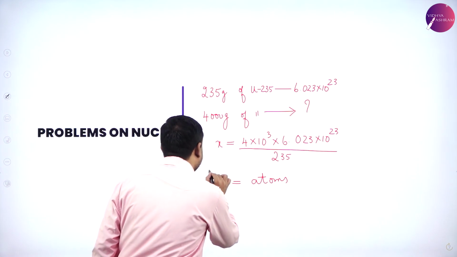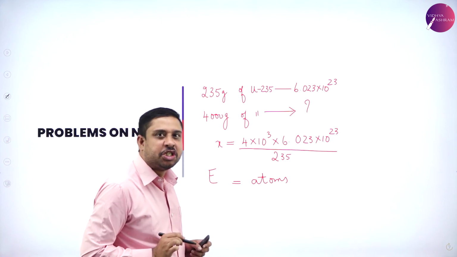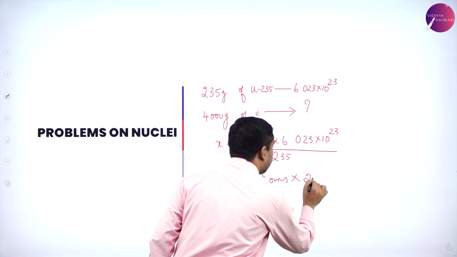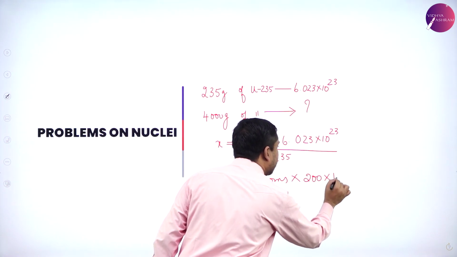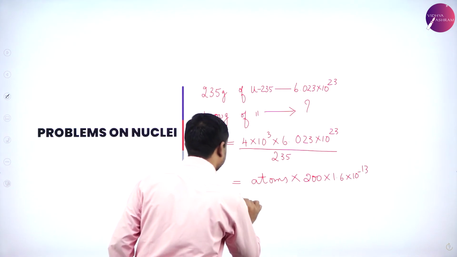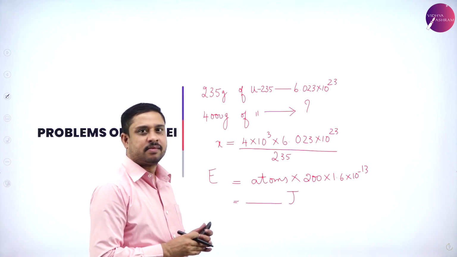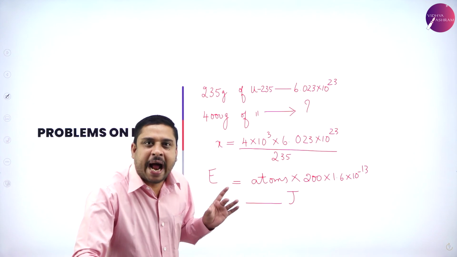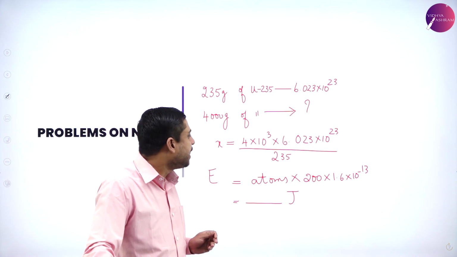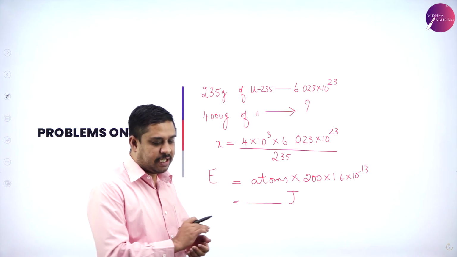Therefore, energy released will be so many atoms into 200 into 1.6 into 10 power minus 13 joules. Number of atoms you calculate in the sample, multiply by, yes, energy released per fission.